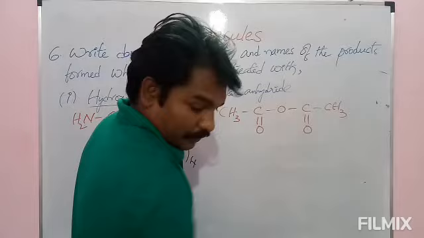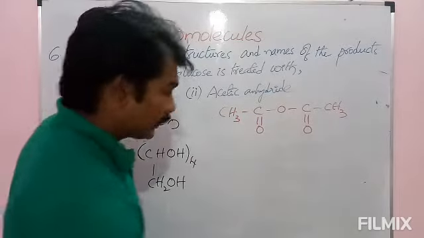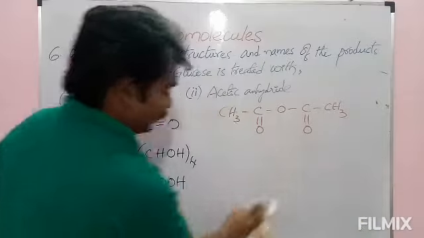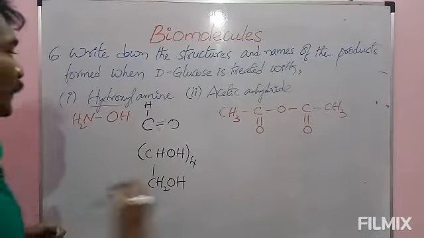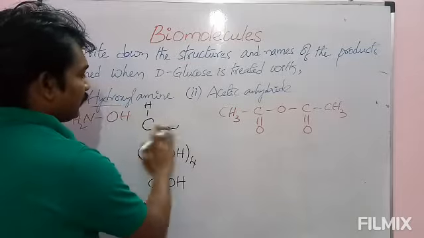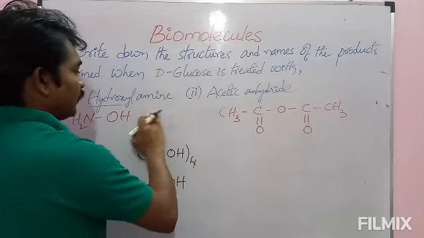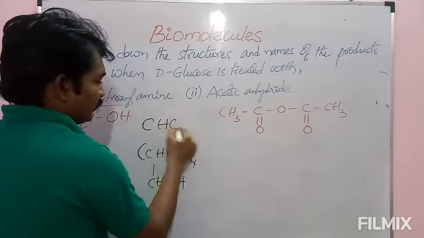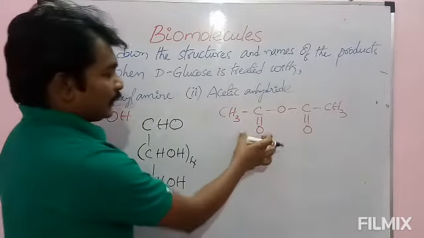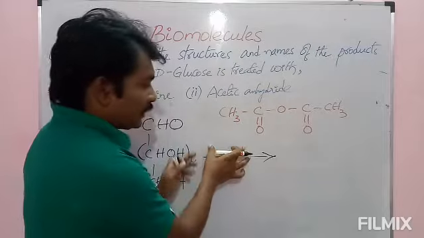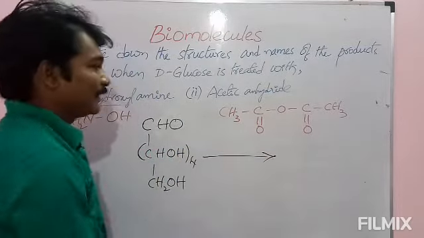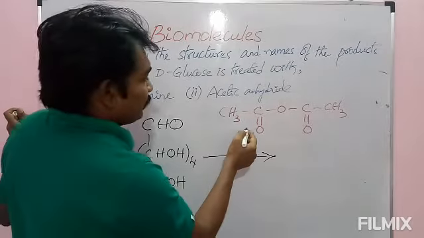Now we are going to treat this one with acetic anhydride. I will write it as it is, because the oxygen is not going to play a role here. Acetic anhydride, in presence of, I am not writing it again here; please think it is there on the arrow mark.